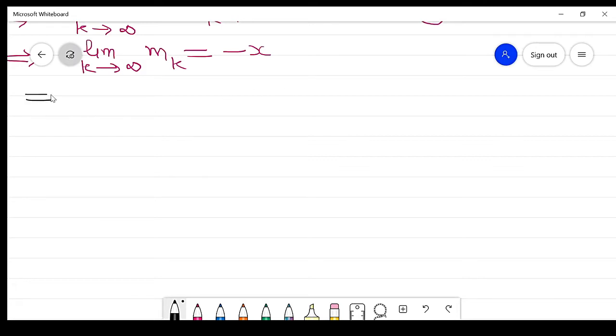So it implies minus x belongs to M, right? Why? Because the given is that M is a closed subspace, so it is closed. Then, because it is a subspace, the negative of minus x, which is x, also belongs to M, clear?